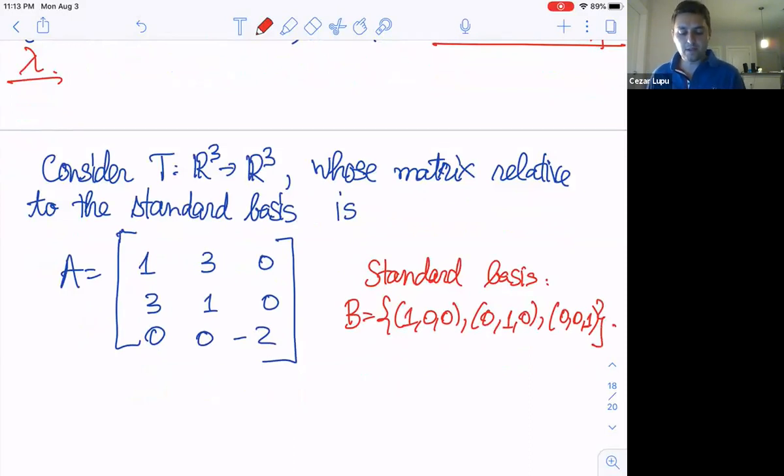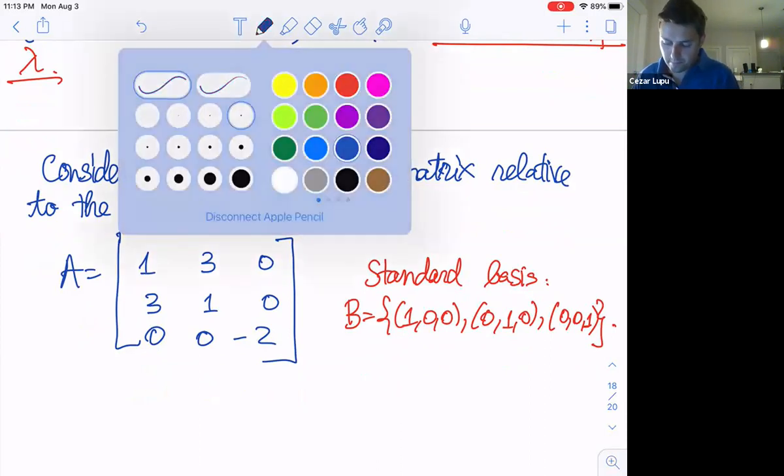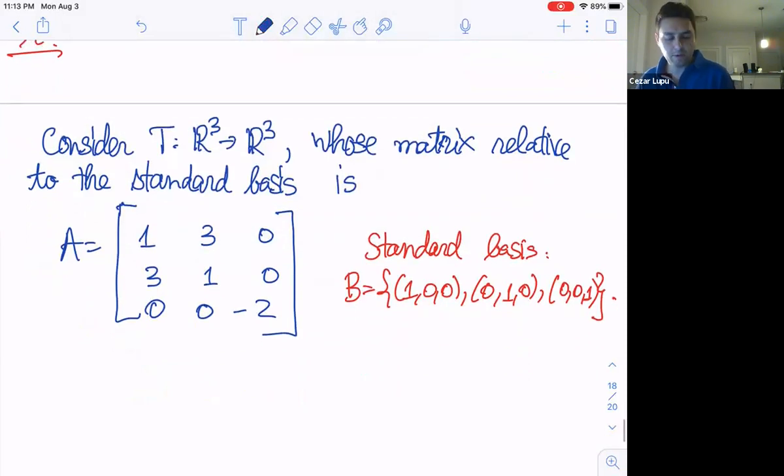And I think we have seen this example in the previous session, I think in lecture 14.